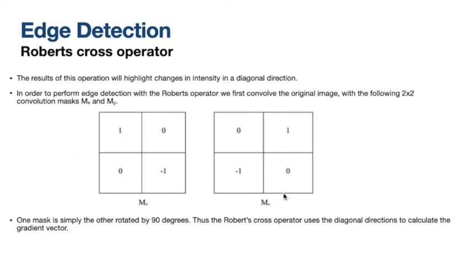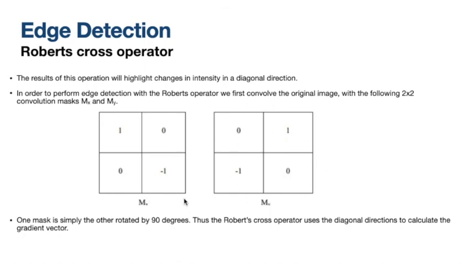If you see this, you can understand that My is a mask which is obtained by simply rotating Mx by 90 degrees. See, this is how you get My.